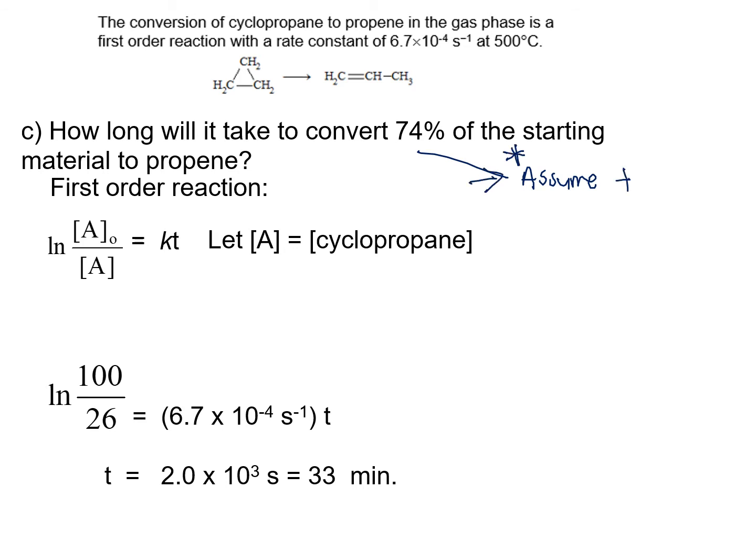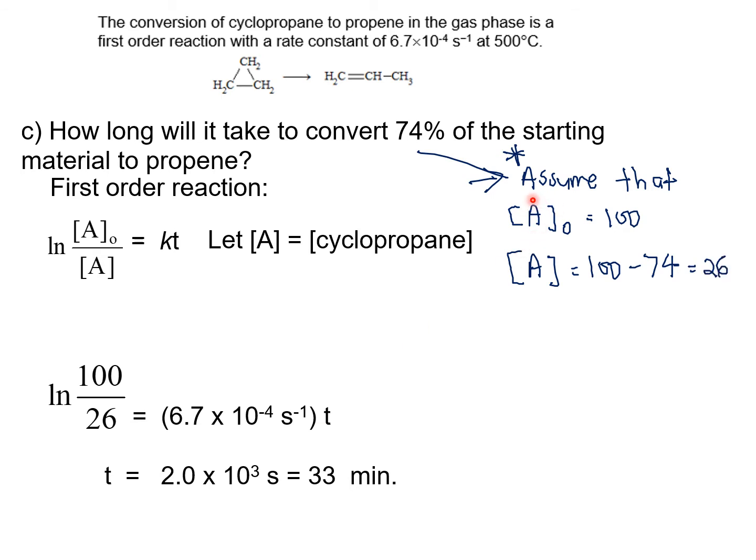Assume that, since we already let A equal cyclopropane, we are free to use it, the initial concentration of cyclopropane is 100, while the final concentration of cyclopropane is 100 minus 74, and you will get 26.